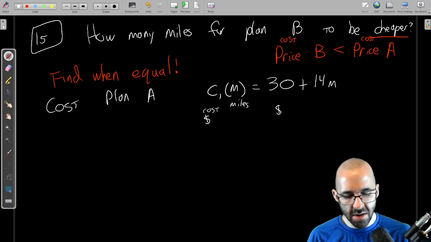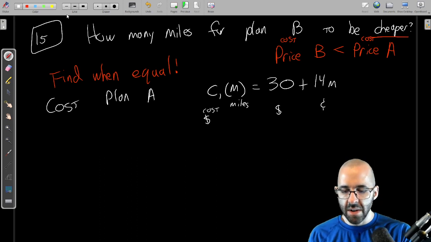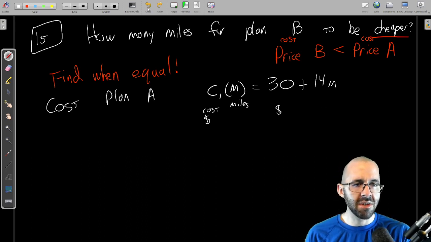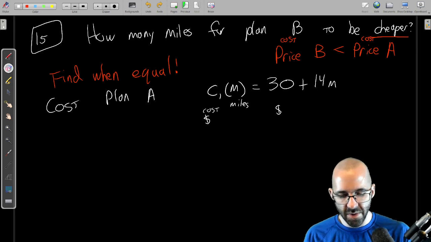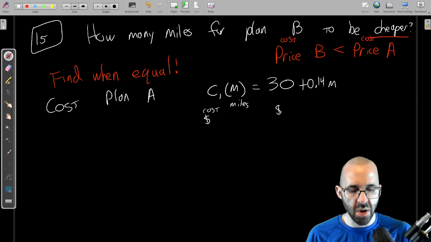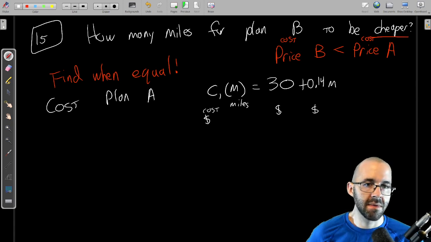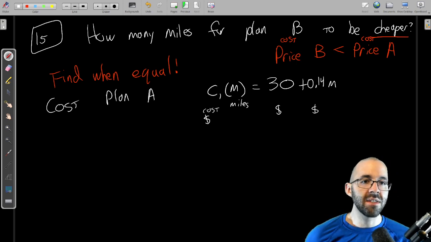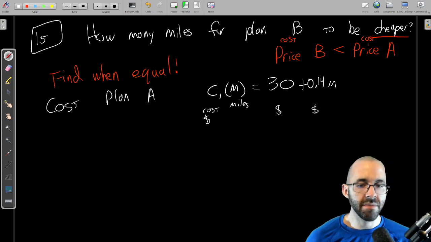But 14 is currently in cents. So we have to convert everything either to dollars or convert everything to cents. Probably easier to convert everything to dollars. 14 cents is $0.14. And now everything's good to go. That's the cost of plan A.